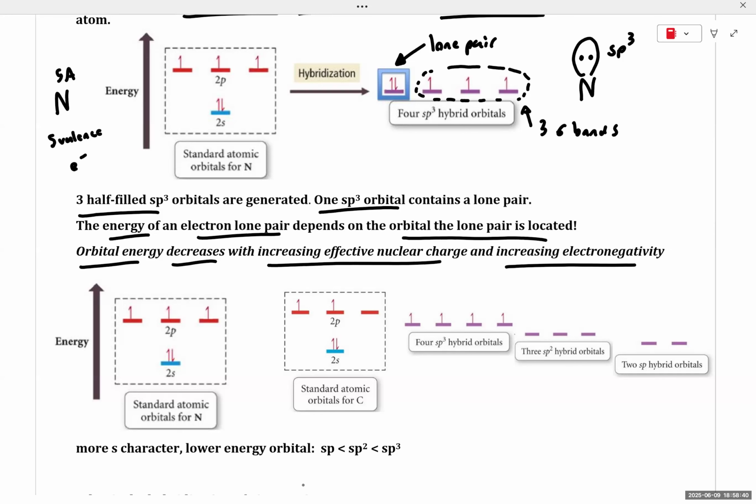For example, if we compare nitrogen and carbon, because nitrogen is more electronegative, if we compare the energy of our given atomic orbitals and any hybrid orbitals that we make from those atomic orbitals, we see that the electrons found in the nitrogen orbitals are lower in energy.